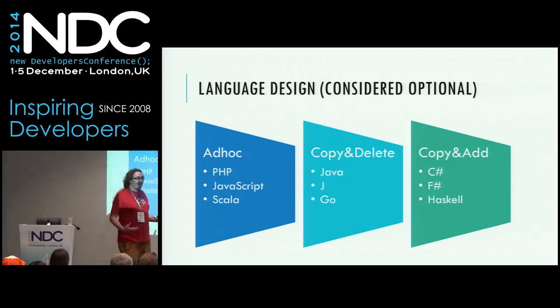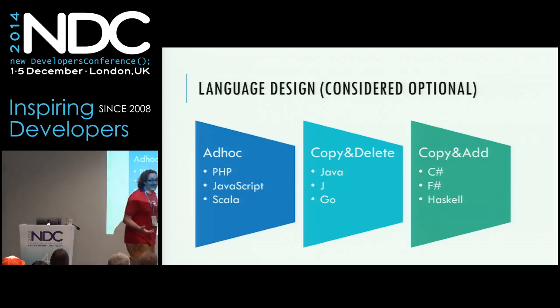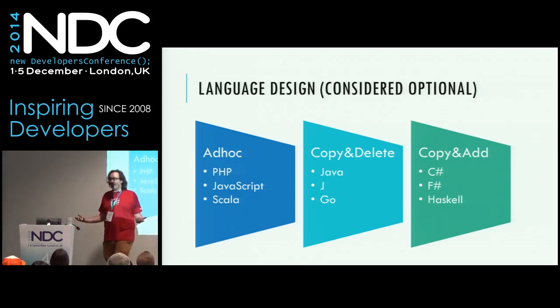And then we've got copy and add. So I'm going to put C# in this category. So C#1 was a copy of Java. And what did they add? goto. It's still there.